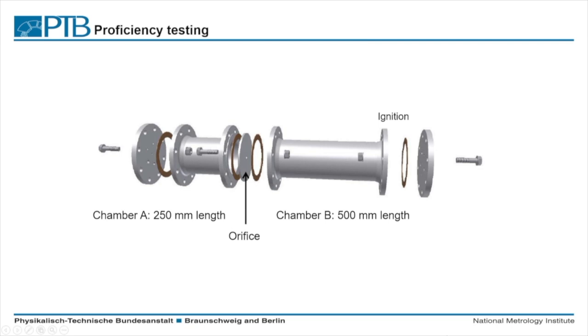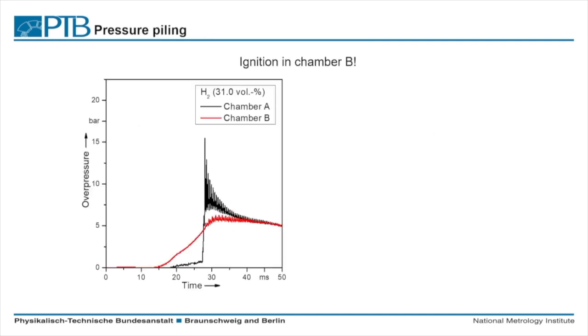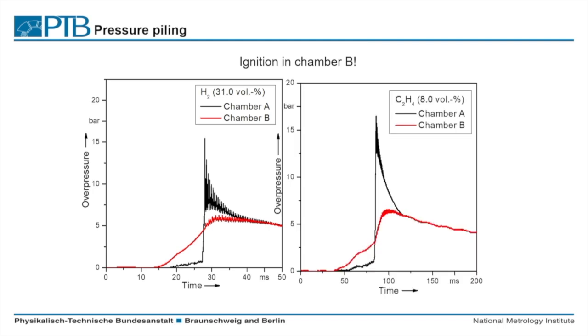So, to explain this in more detail, I have one final configuration. We have a tube setup, a disc with an orifice, and we ignite on one side here. This I explained to you yesterday.